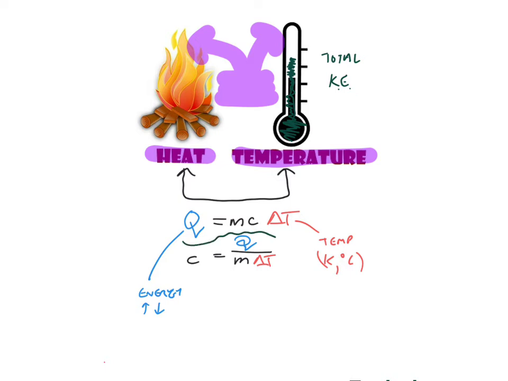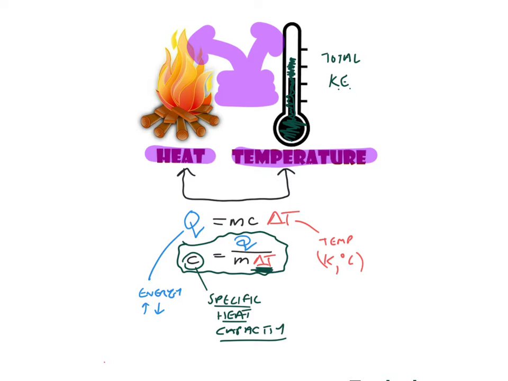And if we look at this concept here, c is sometimes called the specific heat capacity. Now, different materials have different specific heat capacities. And it is a measure of the ability of a material to resist temperature change. So when a material has a high specific heat capacity, it means that you require a lot of energy in order to increase or decrease the temperature of that system.